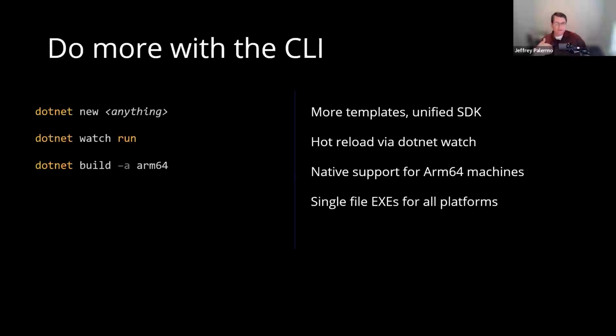You can have your configuration files, appsettings.json, right next to the EXE, and you know where it's running from. The app domain runs from the directory that it's being run from. And for people who are writing applications that run natively on the desktop, that is huge. That is huge.